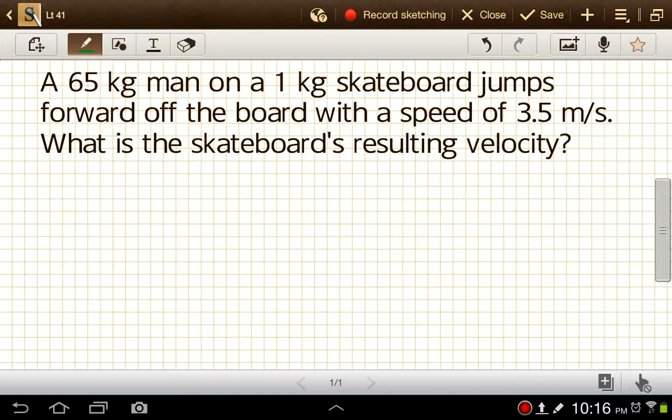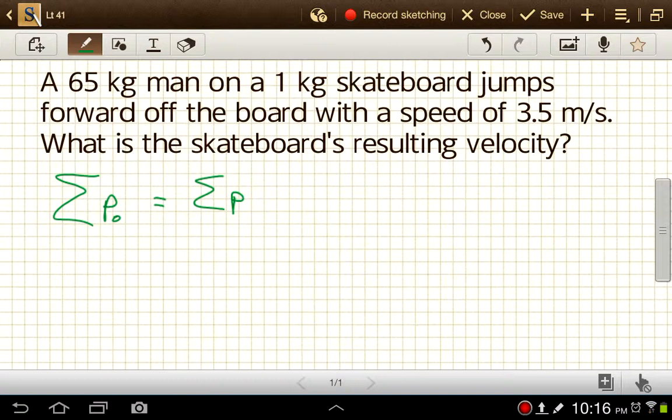So we can express this conservation of momentum idea by saying the total momentum initial is equal to the total momentum at some later point in time. Initially, we've got the mass of the man and the mass of the skateboard, and each one of those is going to be times their velocity.